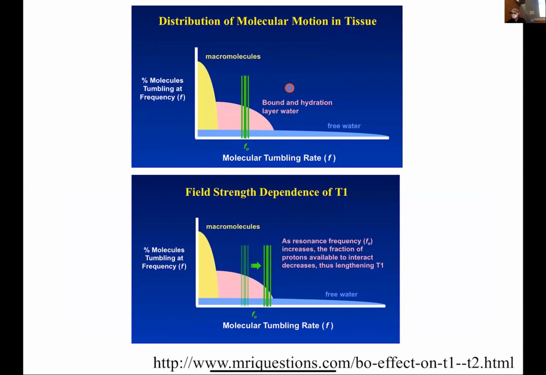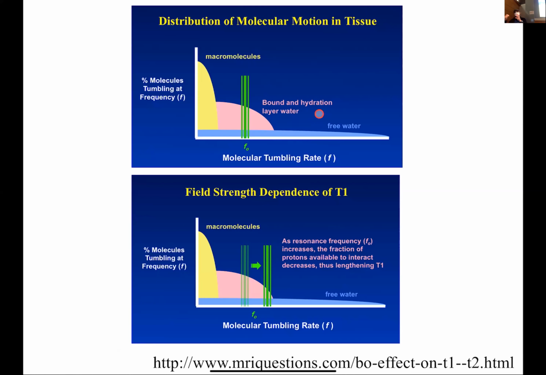The other thing is that the tumbling rate of most objects is down here, so as we go from this picture to this picture, this is going from a certain field strength to a higher field strength. Remember, the frequency of precession is the Larmor frequency, which is proportional to field strength. So as I increase the field strength, I move out along this axis, okay? And therefore, there tend to be far fewer spins that are tumbling at the right rate.